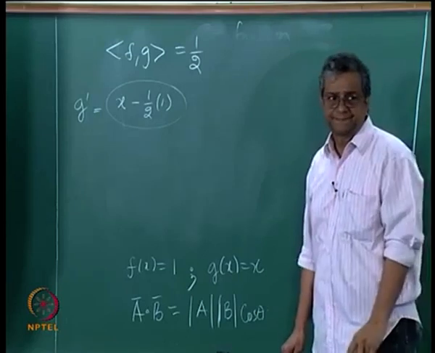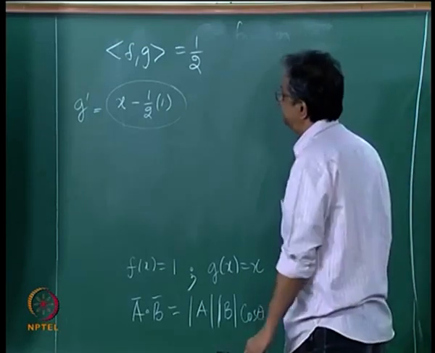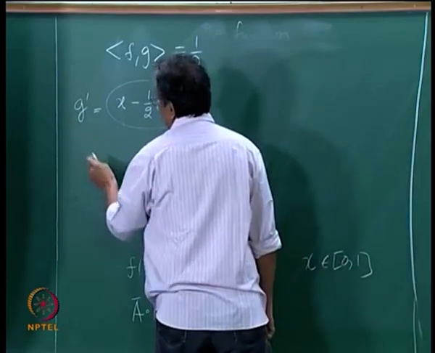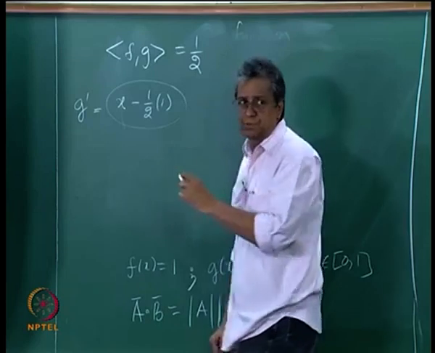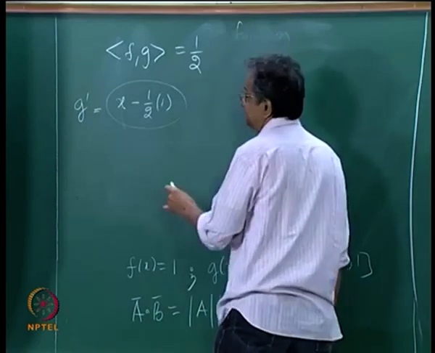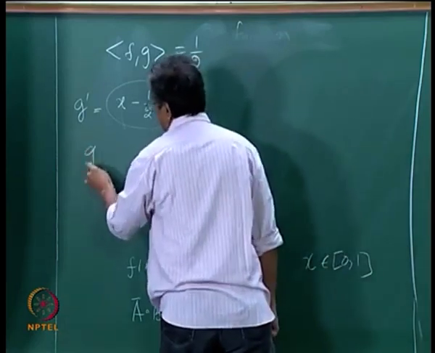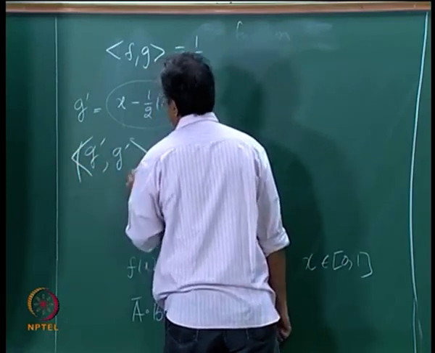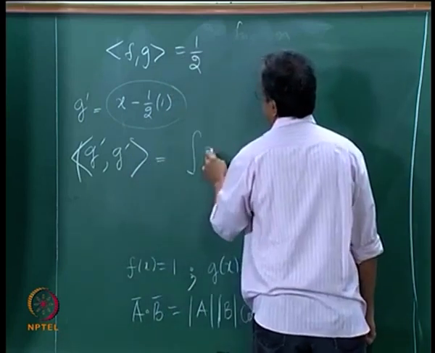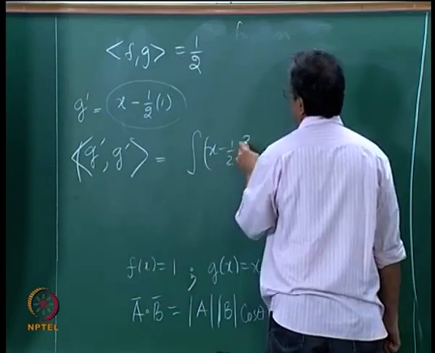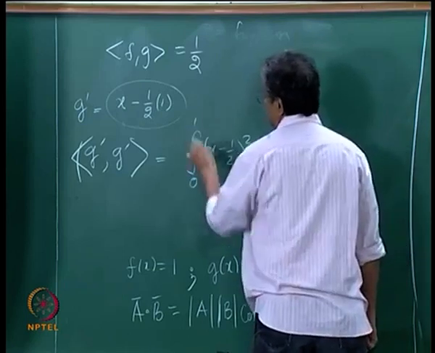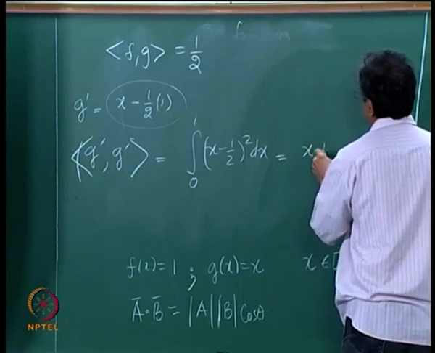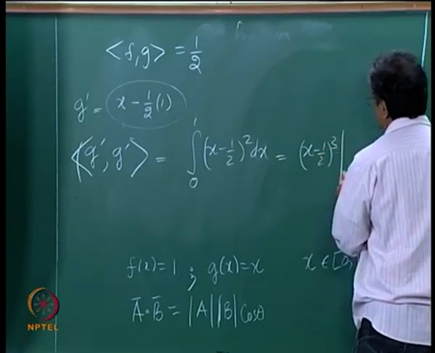Is that fine? Okay. So can I make this a unit vector? How do I make G prime a unit vector? What is G prime dotted with G prime? It is the integral of x minus 1/2 squared dx on the interval on which it is defined, which is (x minus 1/2) cubed over 3 between 0 and 1.